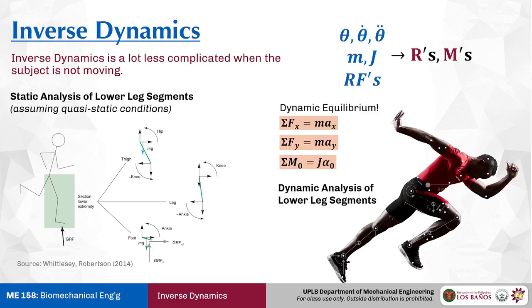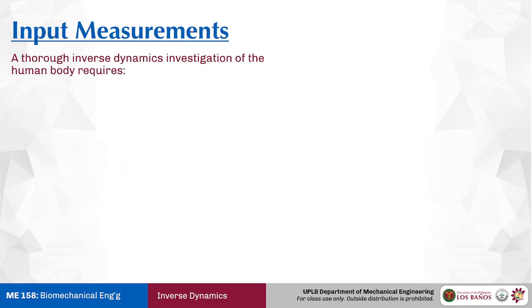So now, how do we do this? How do we measure position, velocity, and acceleration of the body? How do we measure the reaction forces that the body is experiencing? This has been covered before in one of your previous modules in IE. In order to do a complete inverse dynamics analysis, you need basically two things.